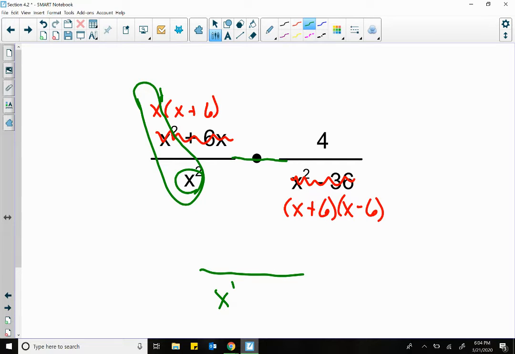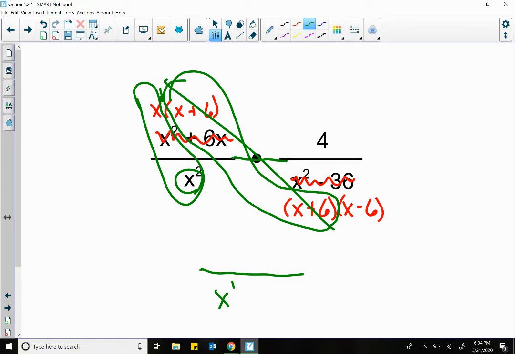All right. Is there anything else in common from up here? Absolutely. I've got an x plus 6 up here, and I got an x plus 6 right over here. So again, those two pieces cancel each other out. Since there is no more canceling, my last step said write down what's left. Well, what's left up here in the numerator?